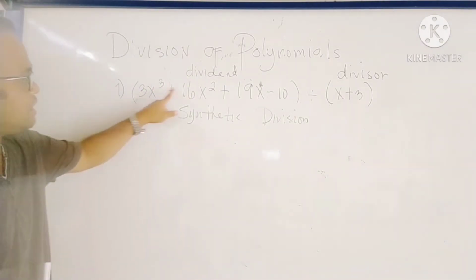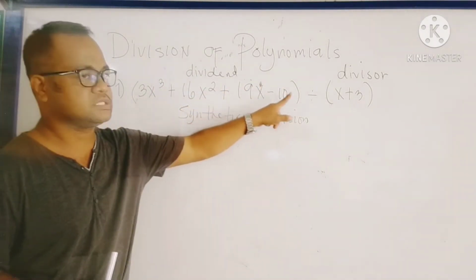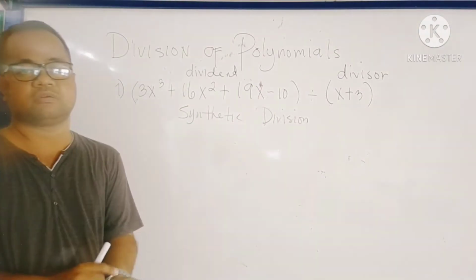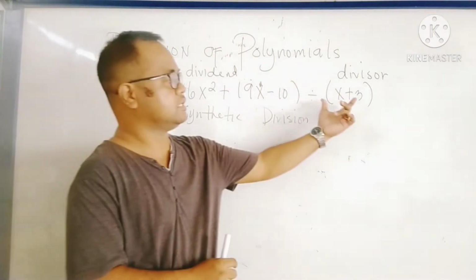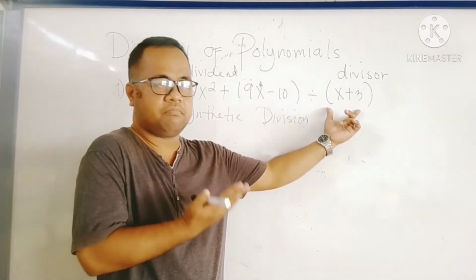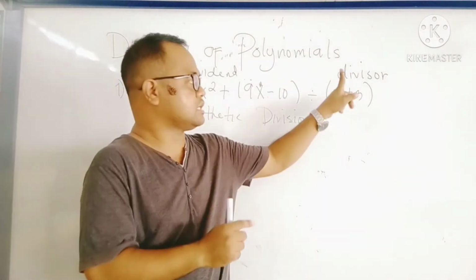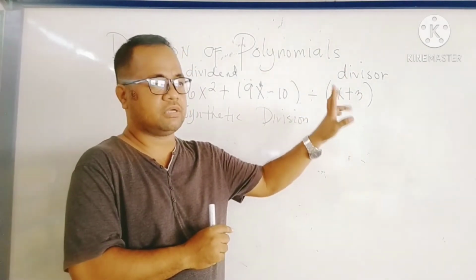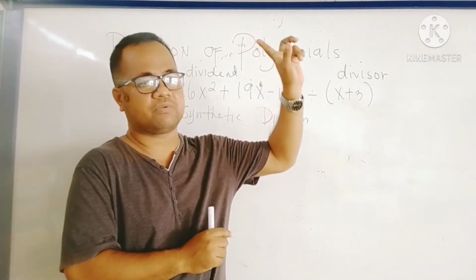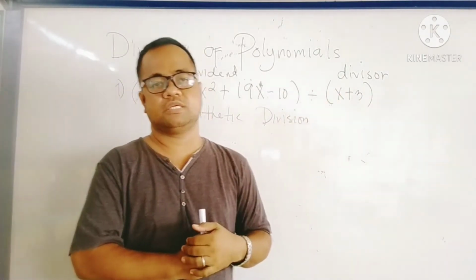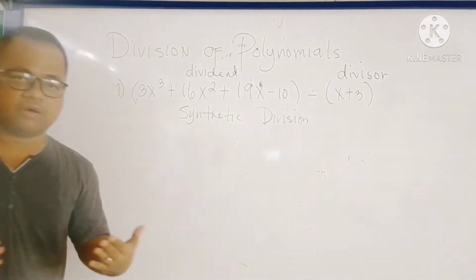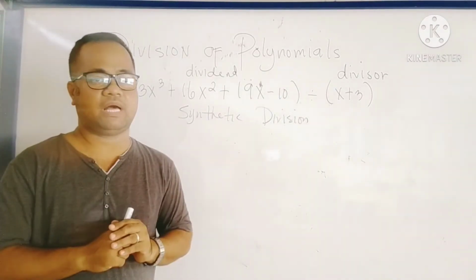So we have 3, 2, 1, 0. There is no missing term here. Okay? So, yung divisor. The divisor is a binomial. Okay? It is already arranged also from highest powers down to 0. So, 1, 0. Okay? So, wala na tayong gagalawin kasi nga, wala naman nawawala.